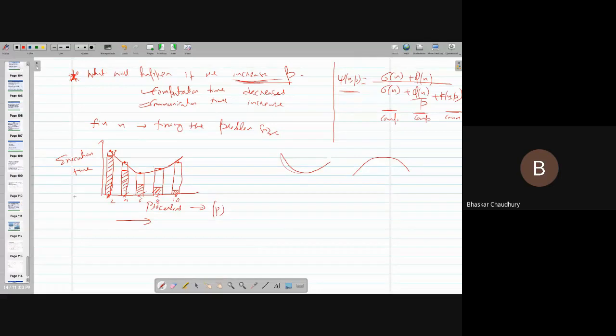So what is the good conclusion from this curve? It is best to have 6 processors. Can you generalize? The 2, 4, 6 is just an example. So we can say that the number of processors where this graph has a minima is the efficient number of processors for our code.